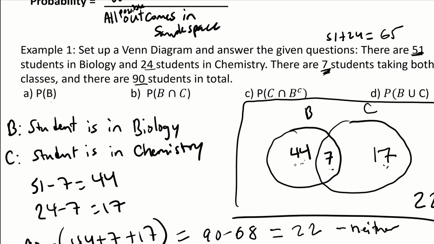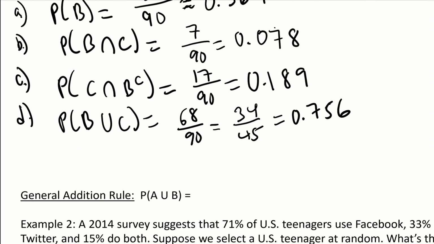So whenever you're trying to calculate a probability of some sort, right, or the number of students, you have to take into account that there may be people that are doing both events or both classes in this case, and so you got to exclude them. Otherwise, you're going to count them twice, right? So this is why we have to.